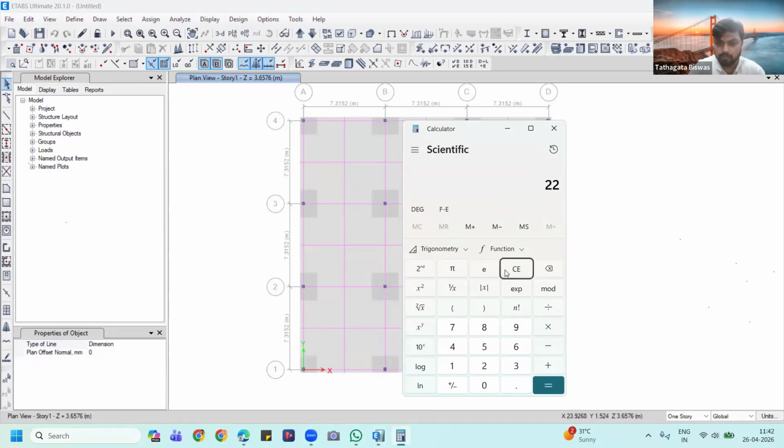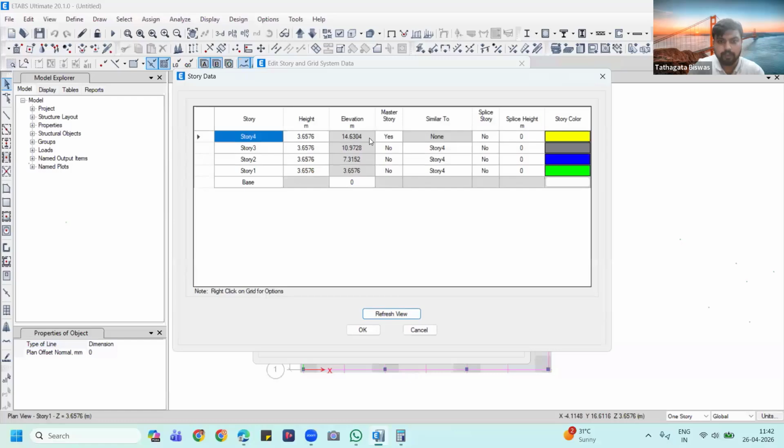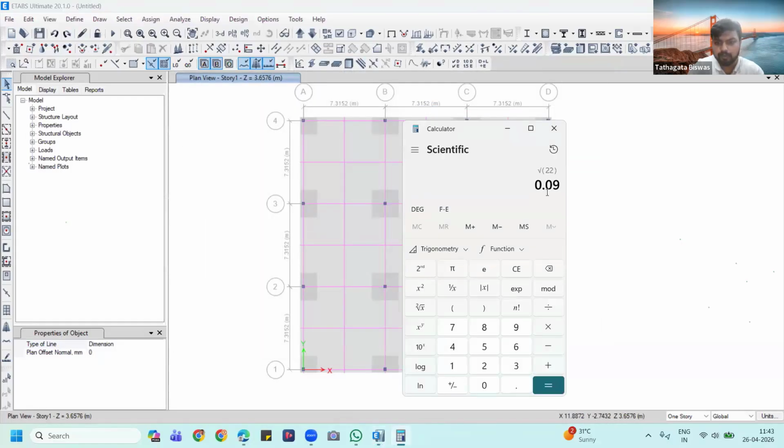So 22, yes, this is square root, right? So 4.69. Now 0.09 into H. H is how much? H is 14.63 or 15, we take it. So 0.09 multiplied by 15 divided by 4.69, which is 0.28.